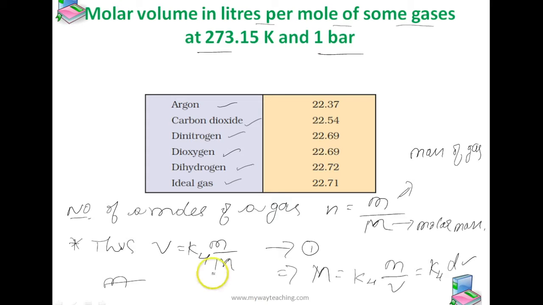We know this density of gas is directly proportional to its molar mass. Now we can say that this is called density. Okay, the density is directly proportional to molar mass. A gas that follows Boyle's law, Charles' law and Avogadro law strictly is called an ideal gas.